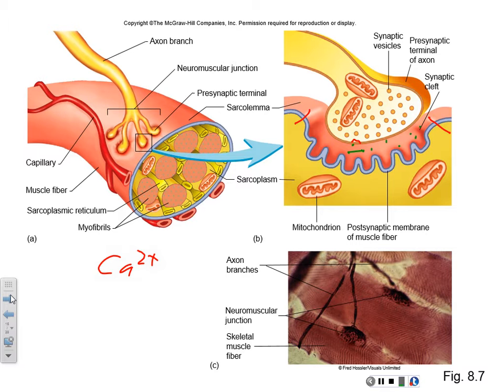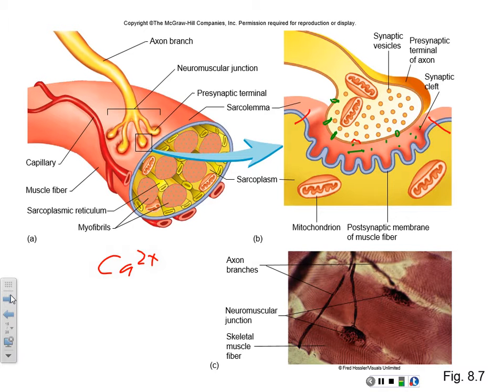But doesn't calcium go into the neuron? It goes into here. Calcium channels will be here. All these are calcium channels. All this interstitial fluid has calcium in it, sodium, all these ions, so whichever gate opens will let that kind of ion through.